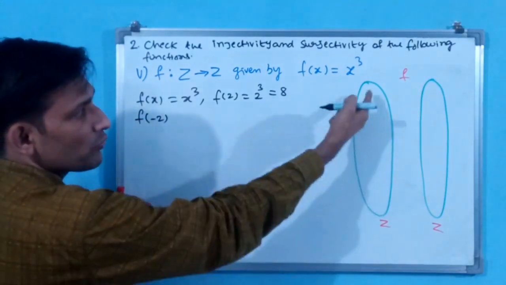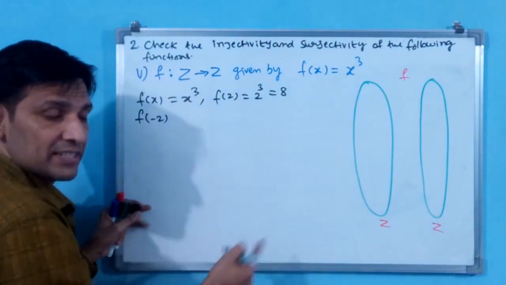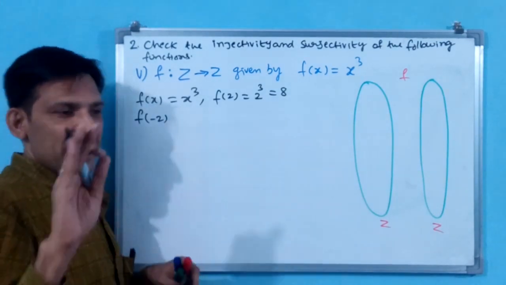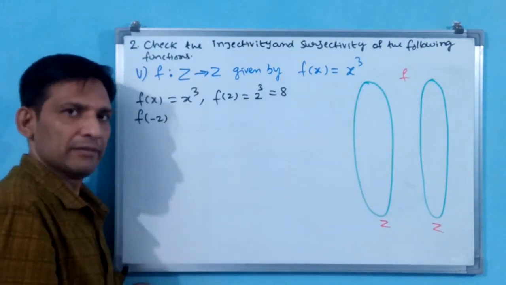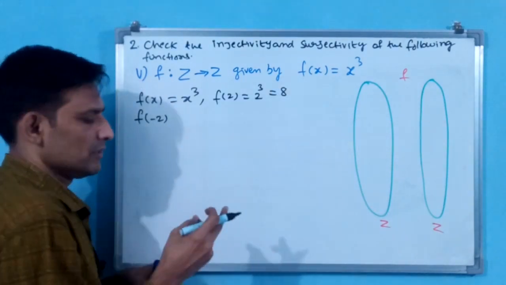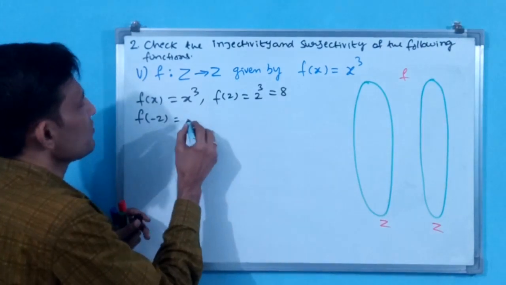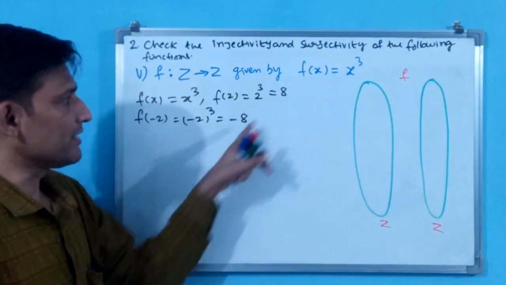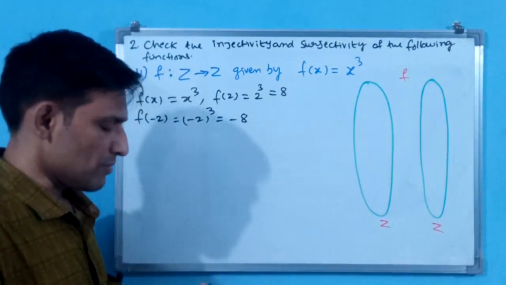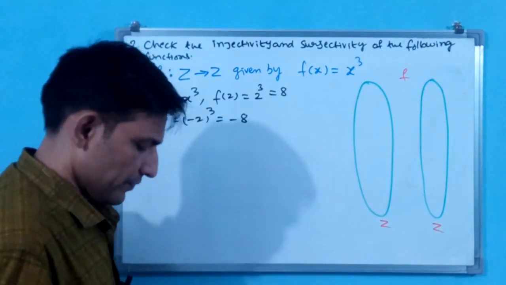Why? Because minus 2 also will be there. This is an integer. See, rational numbers will not be there. Minus 1 by 2, minus 2 by 3, those don't come. But the remaining whole numbers will come. It may be negative or positive. Okay. Minus 2 means minus 2 whole cube. But this time this comes minus 8, not 8. Both are different. That you have to observe. Let us see.